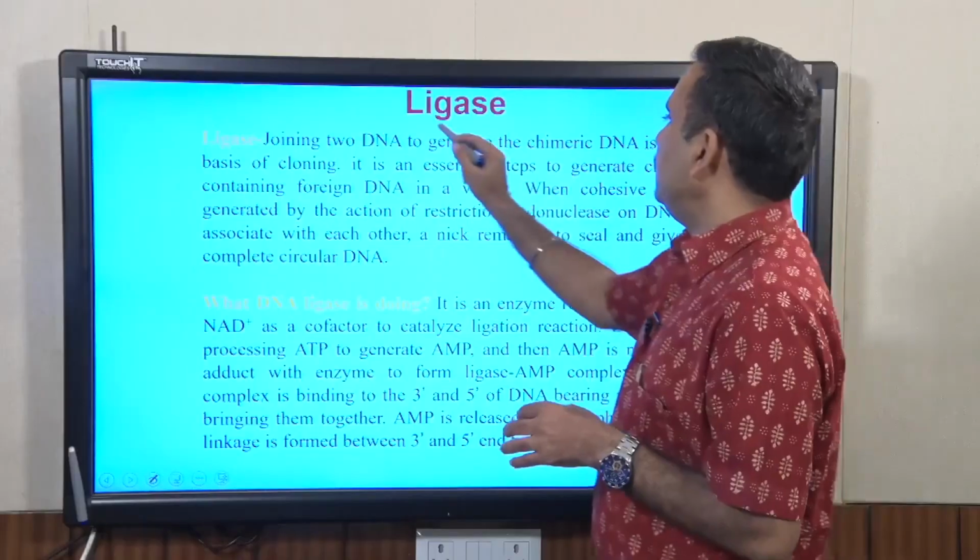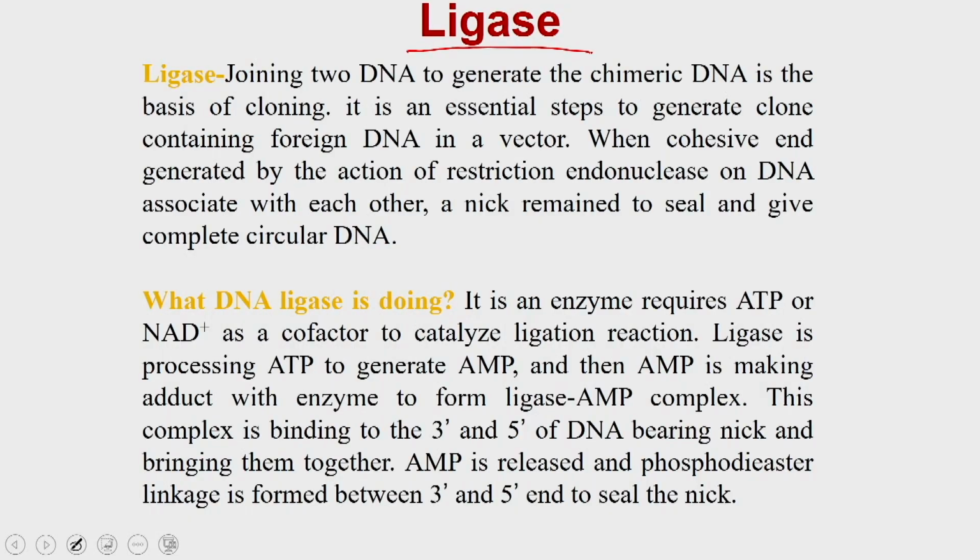The other enzyme which also has a role in molecular cloning is the ligase. The purpose of the ligase is to join two DNA molecules to generate the chimeric DNA, and it is one of the essential enzymes for making the cloning possible. The enzyme uses either ATP or NAD plus as a cofactor.